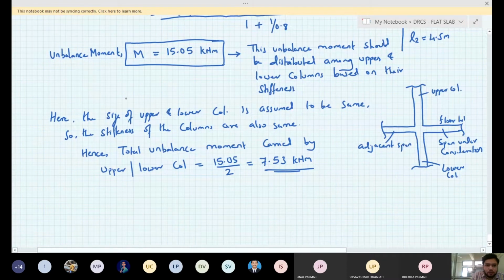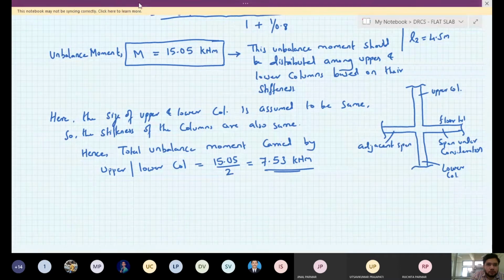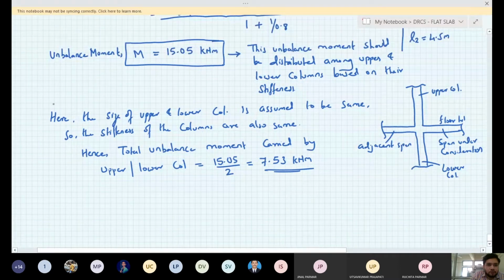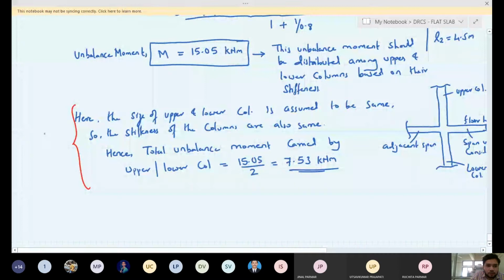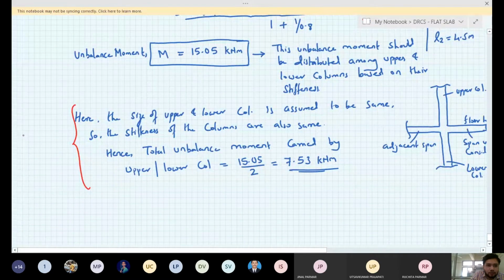Okay, so when you design, you have to add this much additional unbalanced moment in the columns.